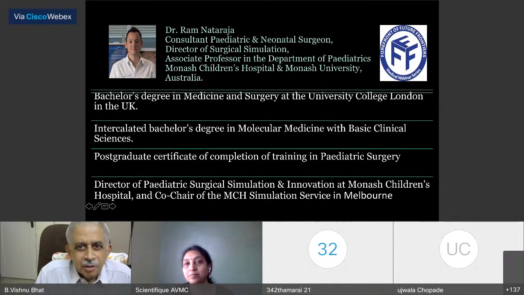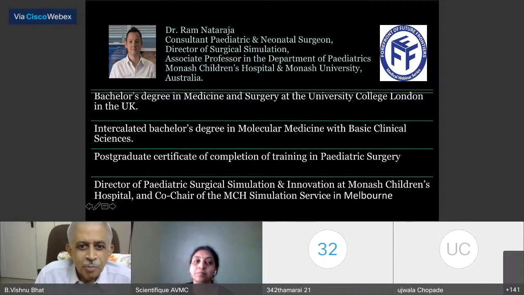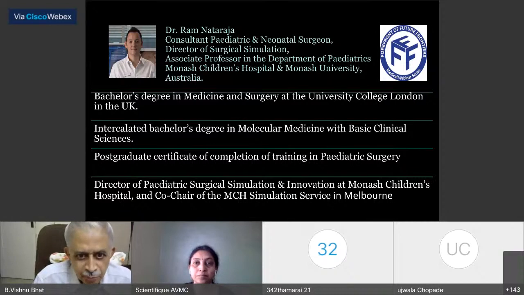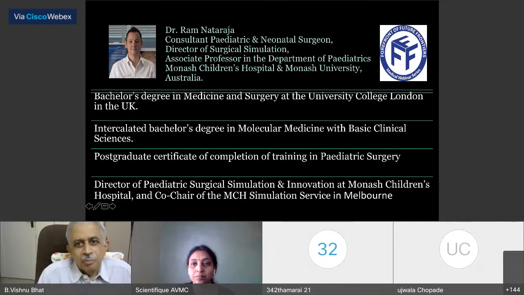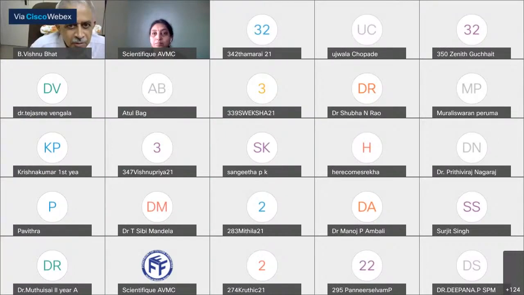This is important, especially when cases are not easily available, and it is a surgical skill which probably cannot be taught easily with live patients. In a simulated model, people can practice as many times as they want and become well acquainted with the procedure before they go to real patients.